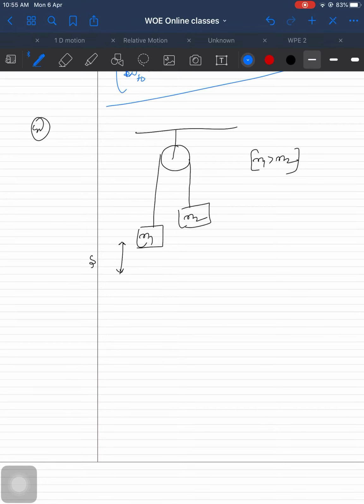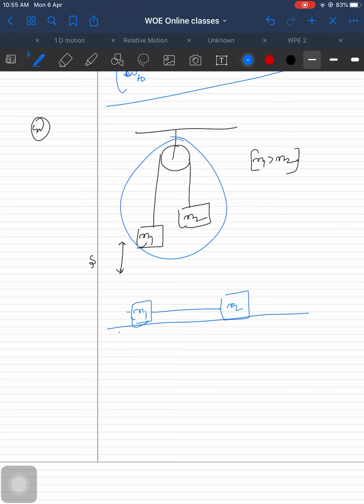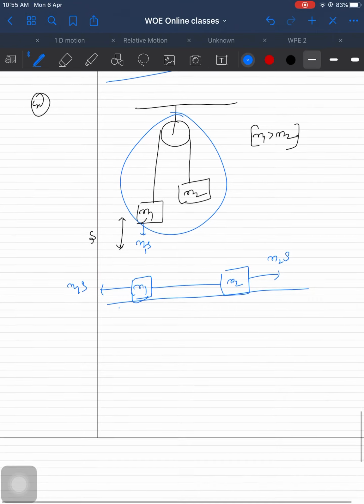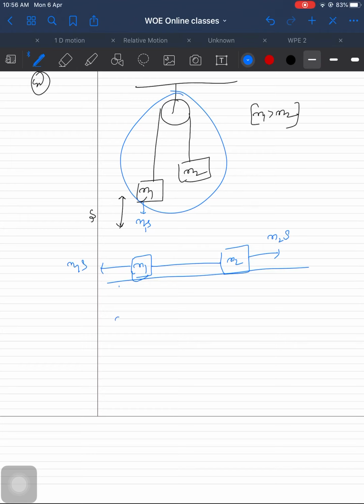First, to get the total work done: whenever you see this kind of arrangement, as I discussed in my previous videos, just take it as a rope on a horizontal line, m1 and m2. What is the force on this side? m1g. On the other side it is m2g. And the net force is equal to m1 minus m2 into g.